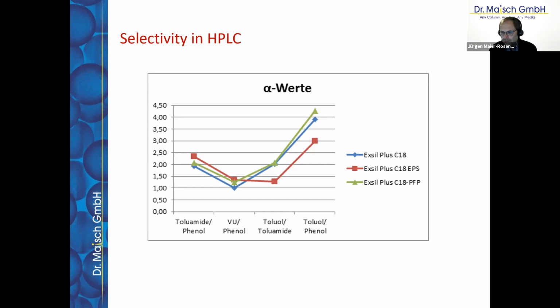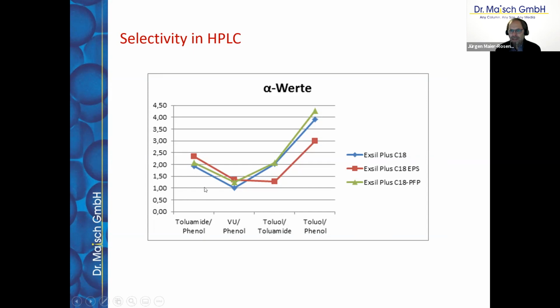But more and more, the applications become more complicated and the problems increase. You need a column which has more selectivity. And here we have our ReproSil line. If we are looking here at the blue one, the blue line is the standard ReproSil Plus C18 column. What we are seeing here is always the alpha value between two compounds.